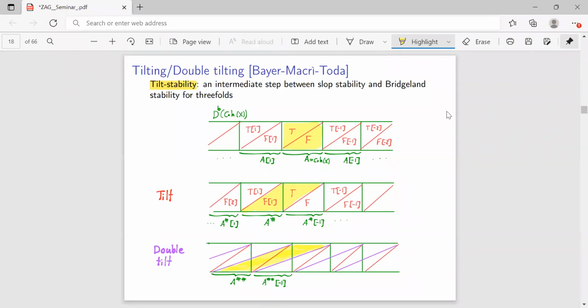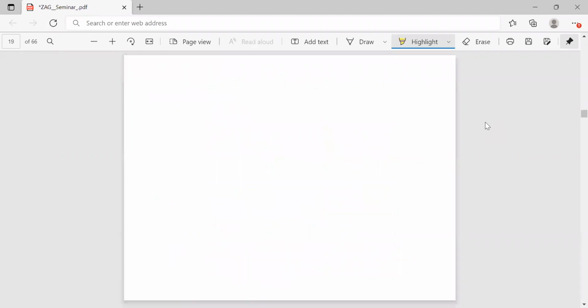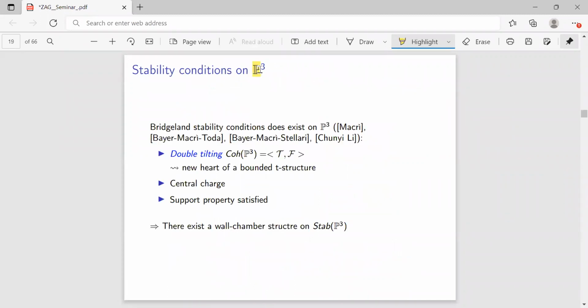But the problem with defining Bridgeland stability condition is defining a suitable central charge and proving support properties. But for the case of threefolds, or at least for the case of P3, we know that this does exist. Basically, for threefolds, this is a conjecture by Bayer, Macrì, and Toda, and it's proved for many cases of threefolds.